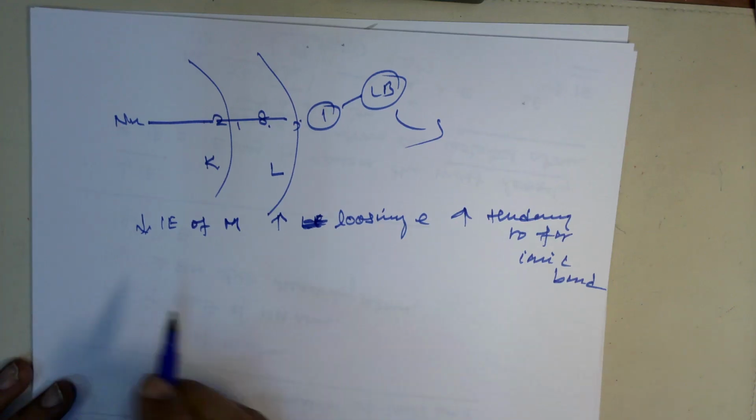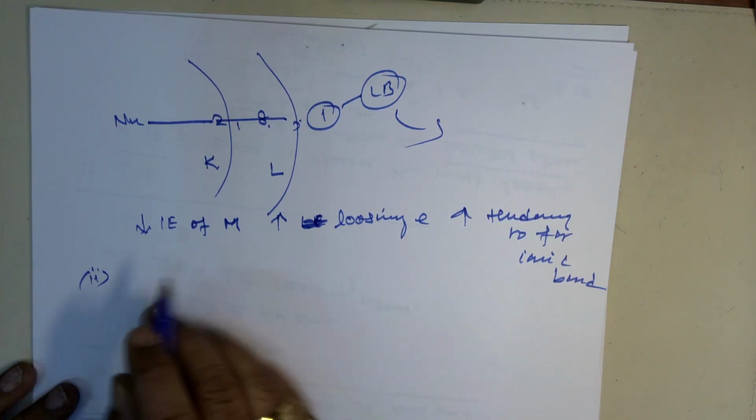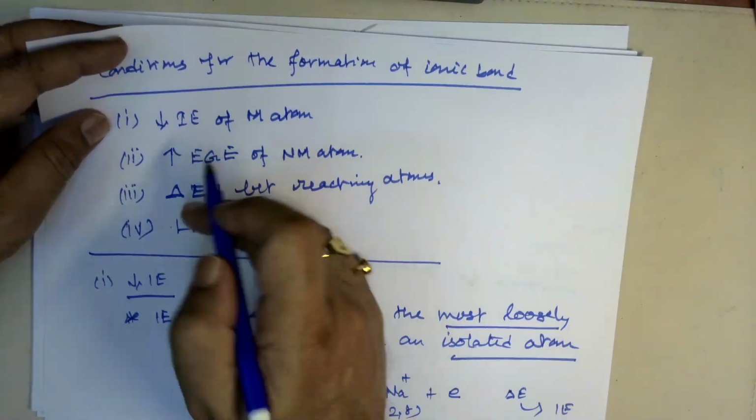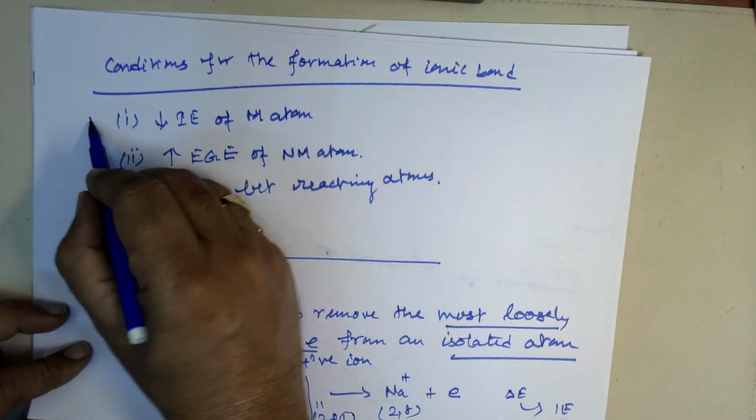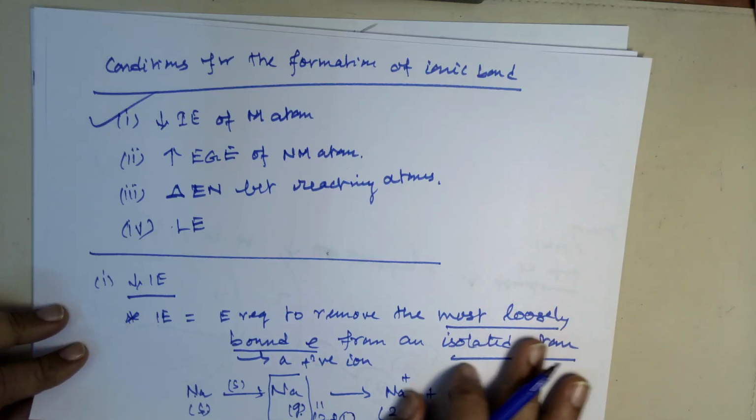Now let us move to the next one. What is the second one? The first one is ionization energy of metal atom. I hope you are clear with this one.